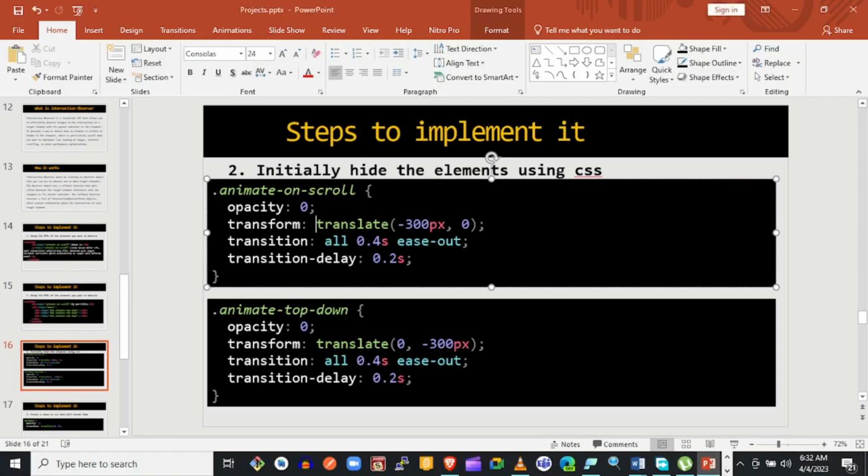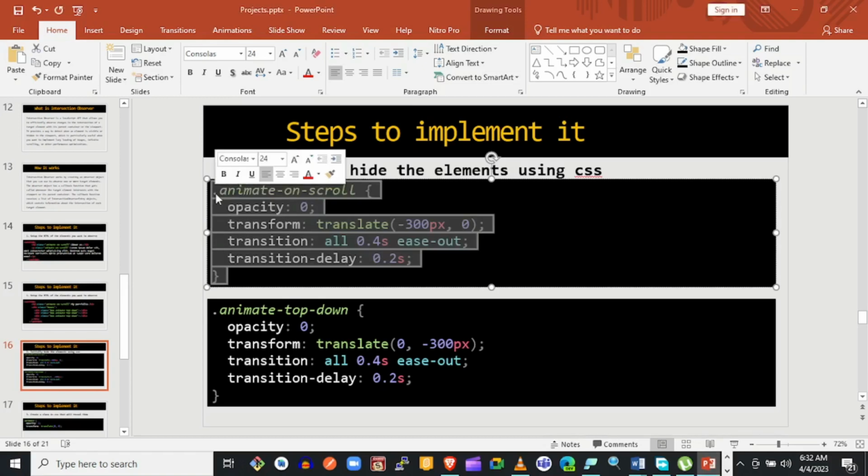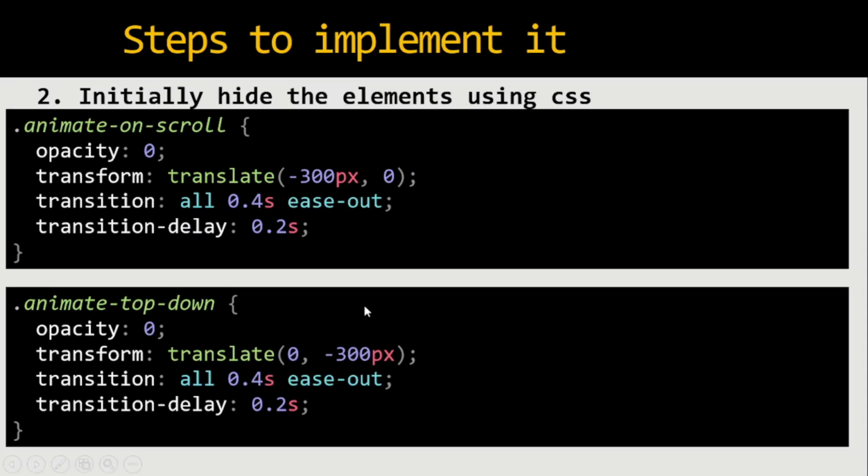For animate on scroll, if I zoom in a minute here, you can see we are giving them opacity of 0. This will hide them, and we're also transforming them, translating them -300 off the canvas, or off the website. That means they will be hidden. This translate takes in two values, x and y.